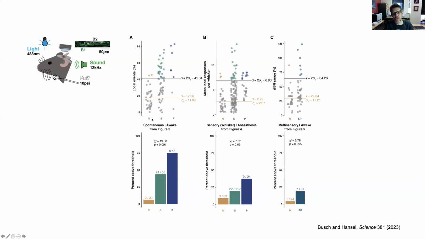But what I want to show you here is a common theme that is quite interesting. Here are the normative cells, here are the split cells, here are the poly cells, and on the y-axis in all three cases, the spontaneous group, the whisker group, or the other sensory groups, these are measures of locality. It's a little different, but they are measures of locality.